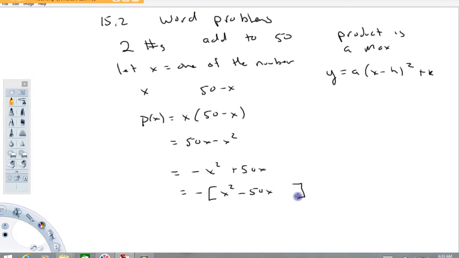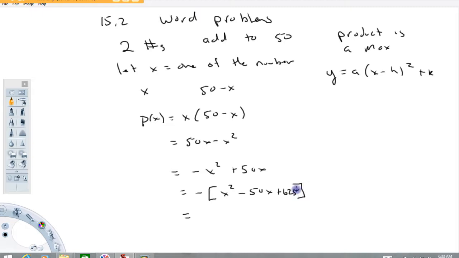Leave a little space. Now, to complete the square, remember we look here, cut that value in half, that'd be 25, square it. That's 625. So let's put a 625 here.